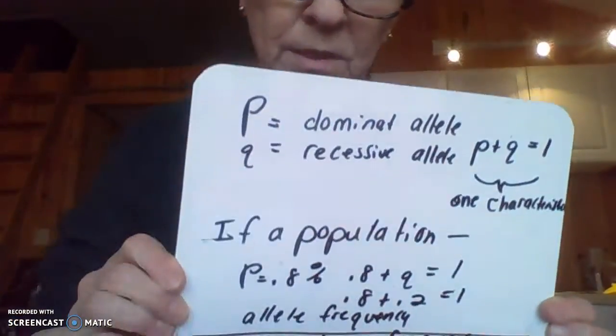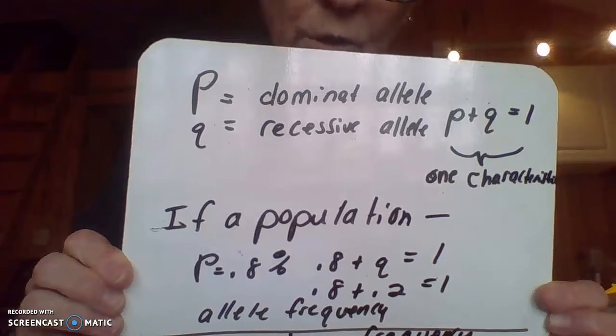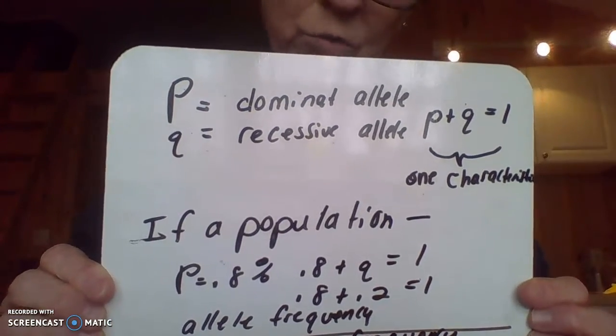So if I had a population, if I looked at flowers, and I told you straight up front that 80% of them were dominant red flowers, and 20% were completely recessive flowers, and you were just looking at the statistics of that, I would use this top piece of the formula here, where it is P plus Q equals 1.